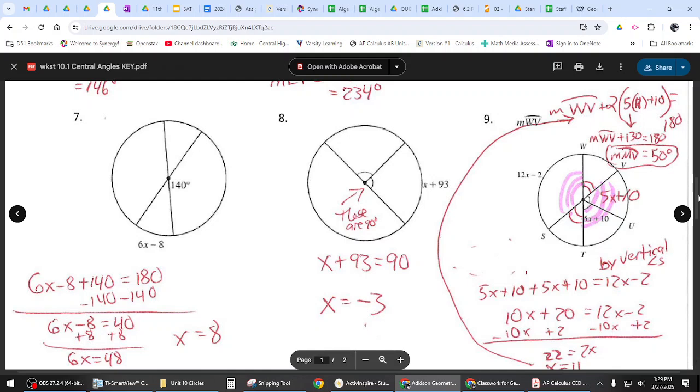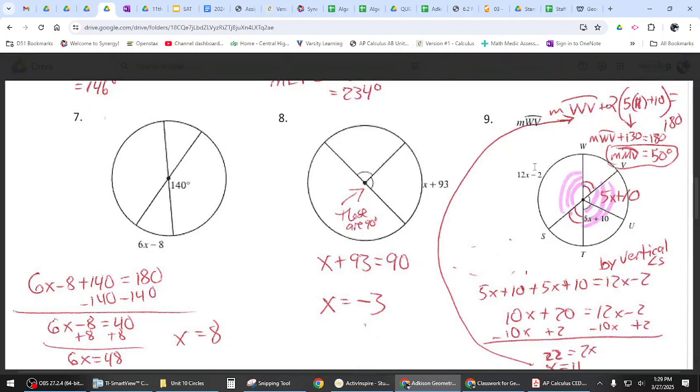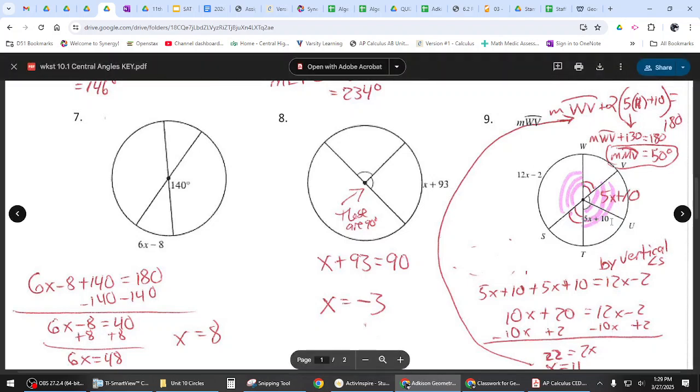Okay. So you're given that these two angles are the same, so we can copy 5x plus 10 there, and then that whole chunk is vertical to 12x minus 2. So we set two of these 5x plus 10s equal to 12x minus 2, because those are vertical.